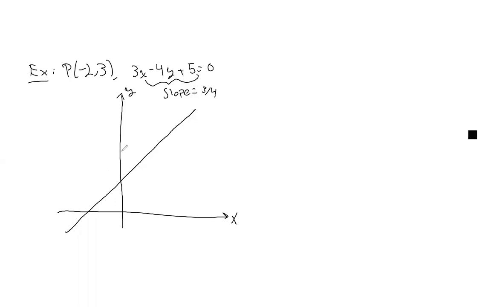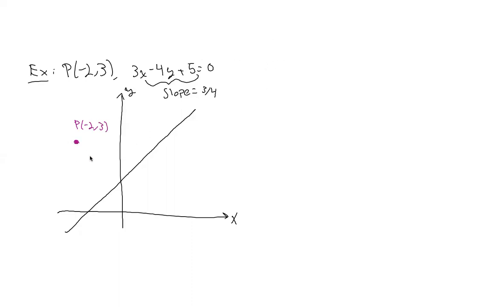So in particular, we have (3, -4) is orthogonal. And we are interested in the point (-2, 3), which is going to be somewhere over here, right? So that, give or take, is our point P (-2, 3).